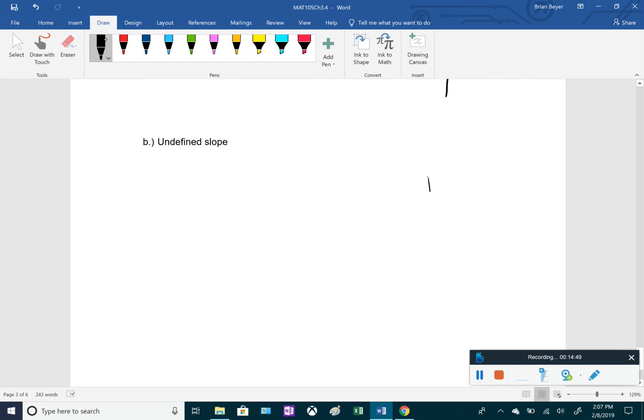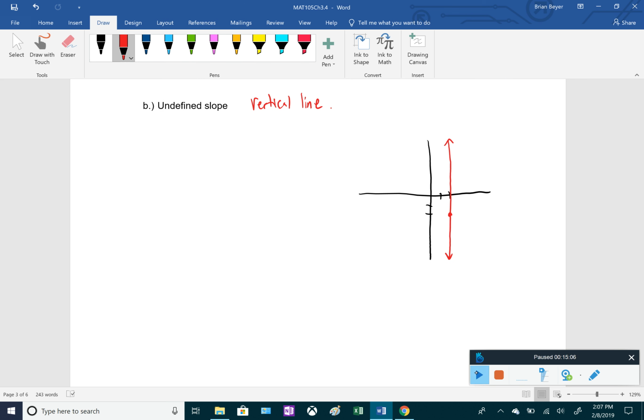So for an undefined slope, once again, we're passing through the point (2, -2). Undefined slope is a vertical line. So when it's a vertical line, hopefully we remember vertical lines are always going to have the form x equals a number.